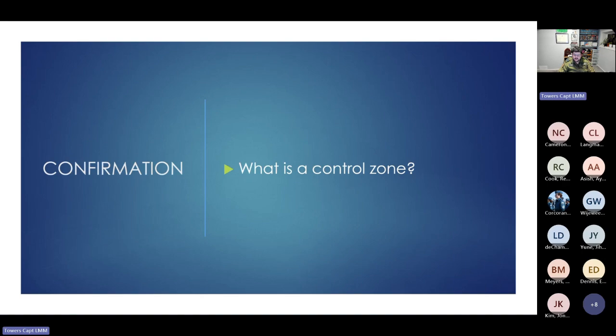And can anyone tell me what a control zone is? Yes, exactly. It's a defined area around an airport from surface to a specified height, usually 3,000 feet AGL, with a normal radius of 5 or 7 nautical miles. And can anyone tell me what it's designed to do? Why we have control zones?